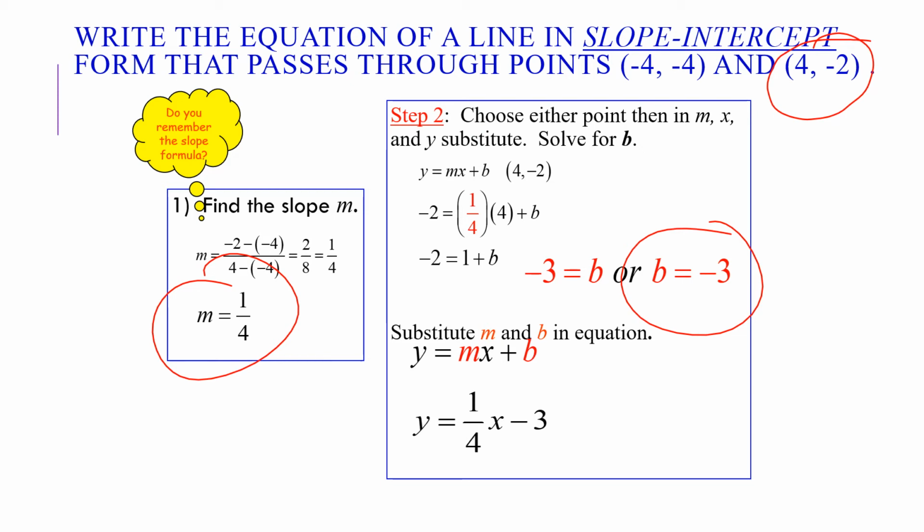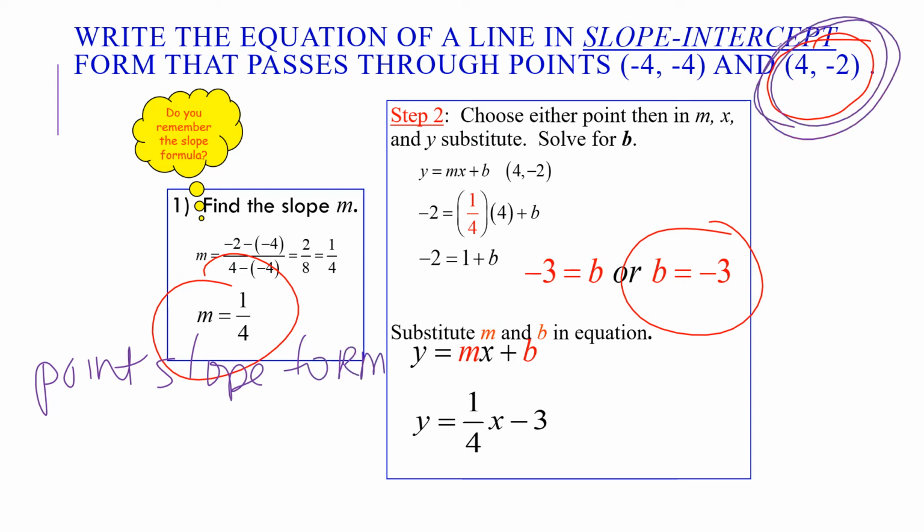Now, there is another way that you could do this, and I prefer this way, which is the point-slope form. I'm still going to use this point, and I'm still going to use my m. But I'm going to plug it into this equation here, and then I don't have to do as much work plugging stuff in.